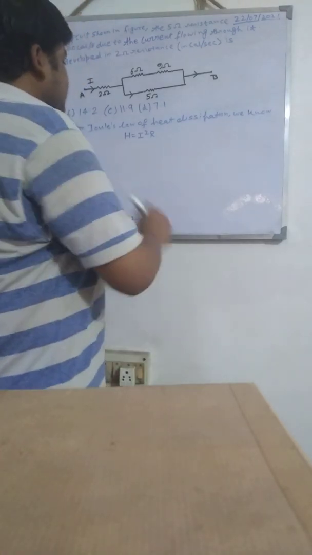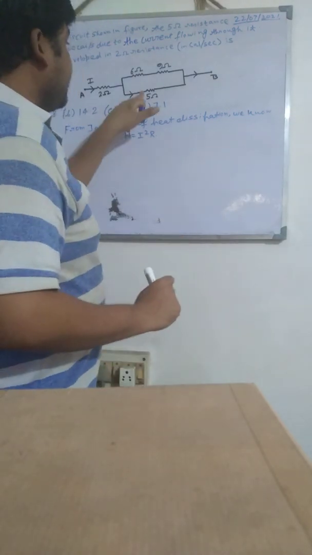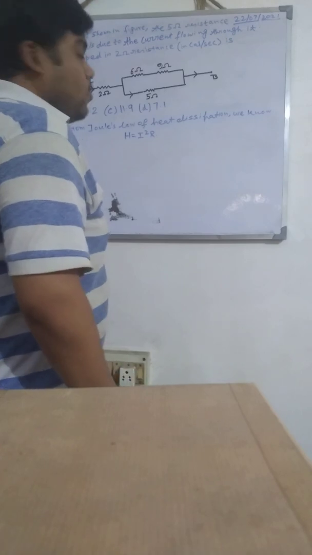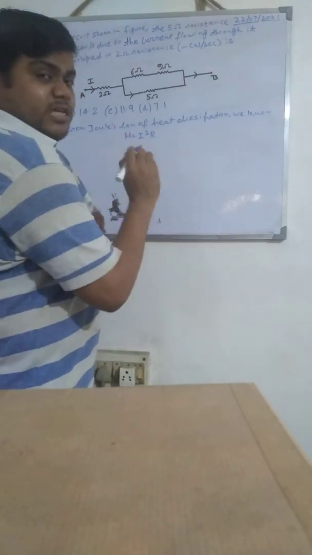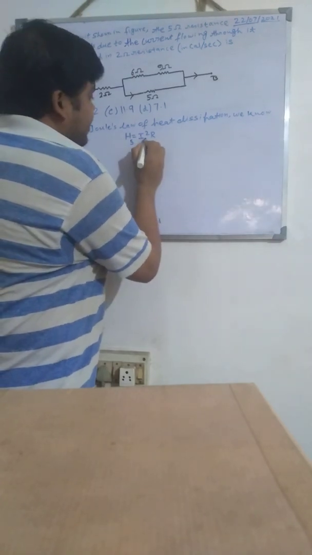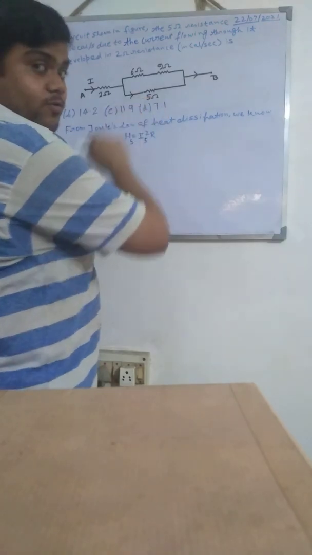Now look, H is equals to I square R. Now we want to calculate the current that is flowing through this 5 ohm resistor, right? So we will simply consider a suffix 5 over here, and current also, and resistance. Resistance value is 5 ohm.